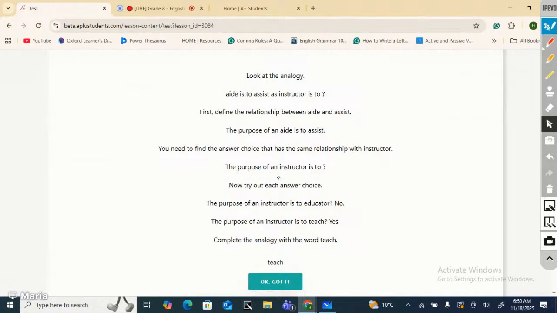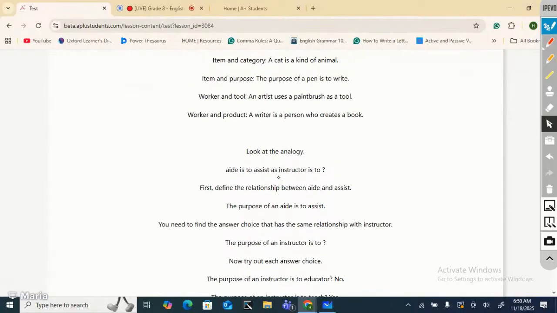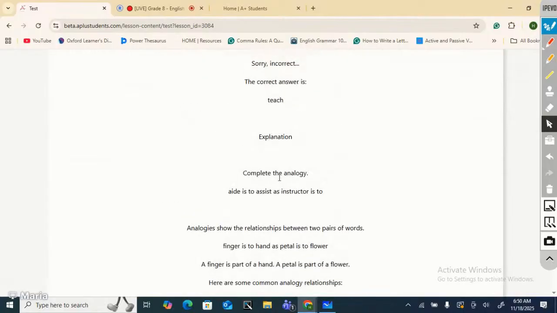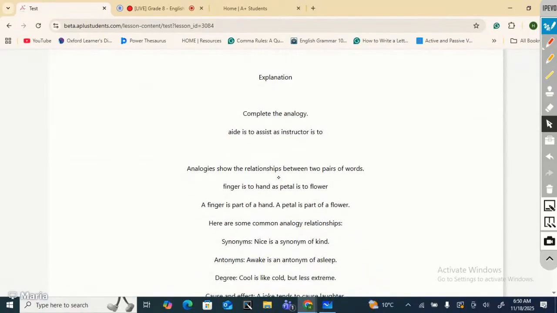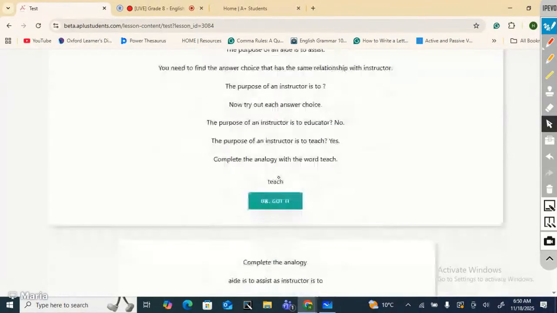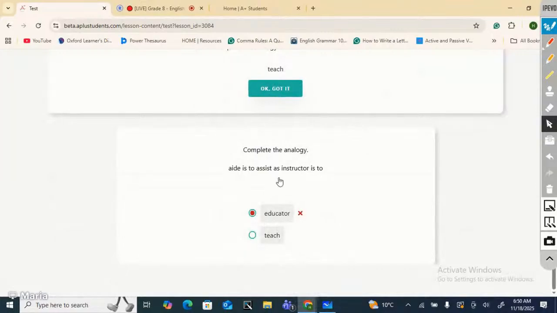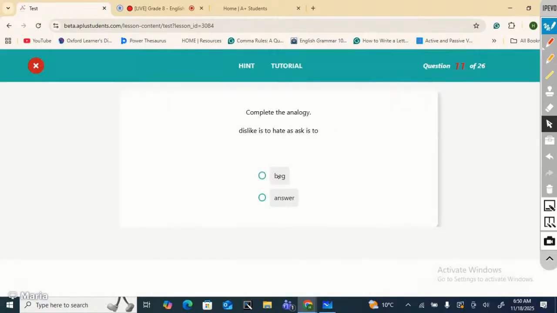So here aid is used as a noun: a person who assists, whose purpose is to assist. So you need to find the answer choice that has the same relationship. In that way, the purpose of an instructor is to teach. Yes, so we got it. I was considering aid as another word.